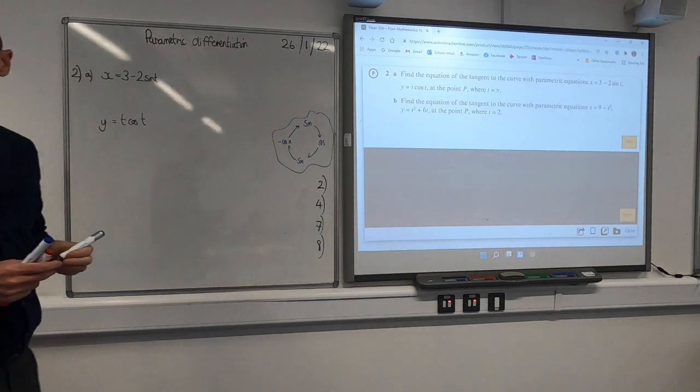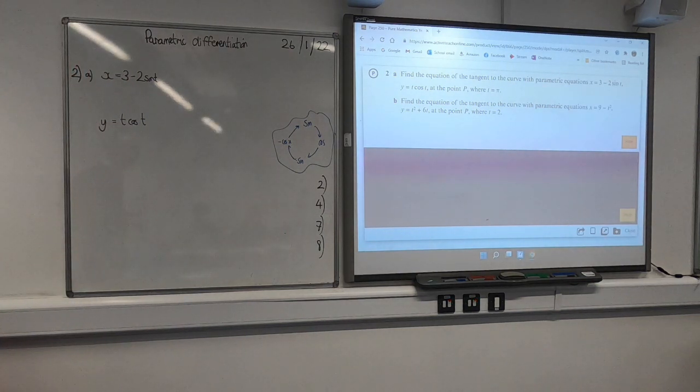You need a point as well to work out the equation of the tangent. So for that, you substitute your value of t into the original x and y equations.